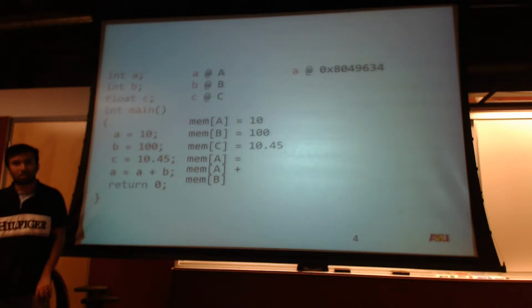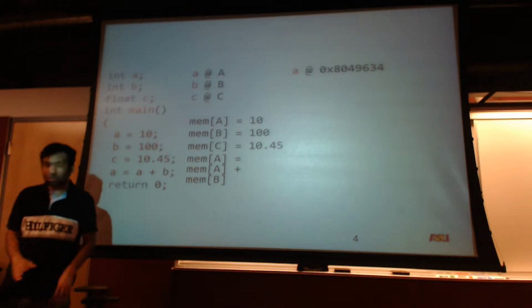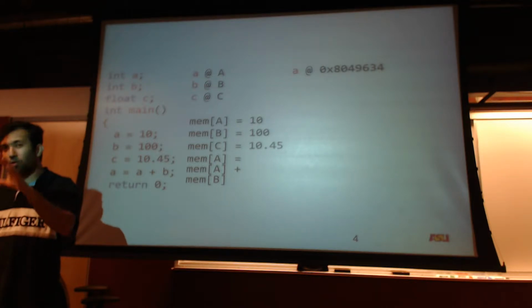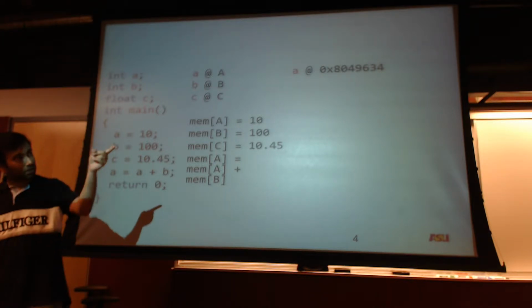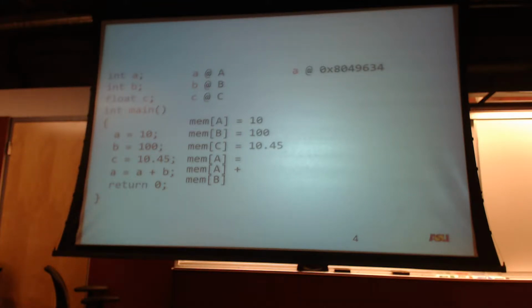Okay. Turns out that it is not the stack. Stack has a different start address. So this memory address is not the stack. It is in the RAM. It is the program memory. So A goes to that particular memory address. Now why that particular memory address, we don't know. It's just the memory management unit of the operating system gave us that address. Right? So there is no specific reason why A is at that address.